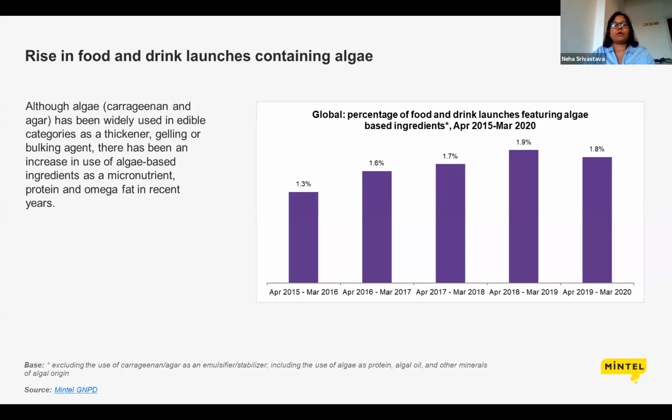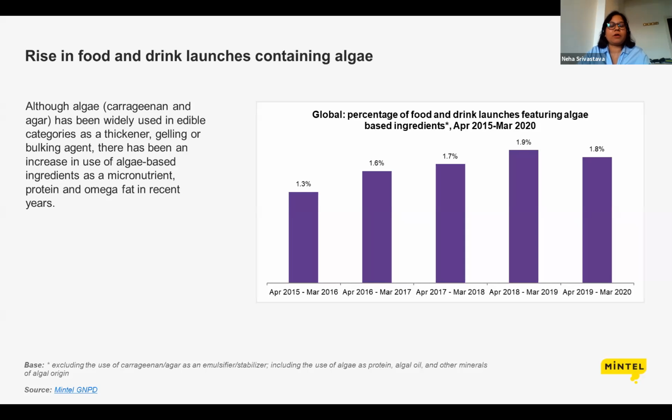This graph we have prepared by excluding the use of algae as carrageenan or agar, because they are mostly used as a bulking or thickening agent in food. So this graph shows that there is an increase in use of algae in food and drink other than their use as a thickener or gelling agent.